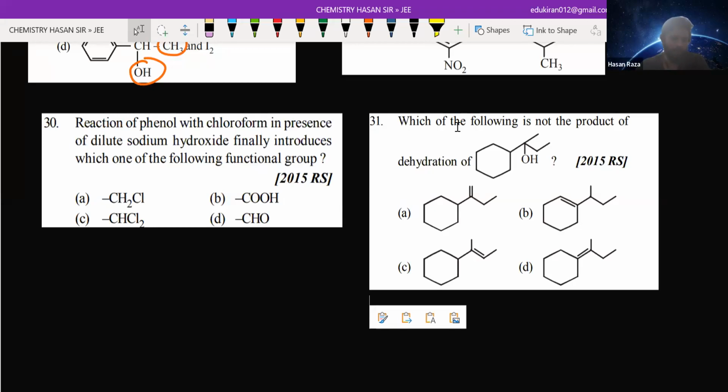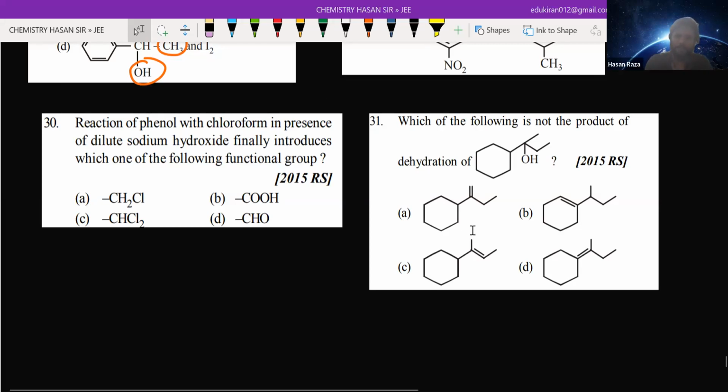So it's very good. Option B is the wrong answer, Shahid.